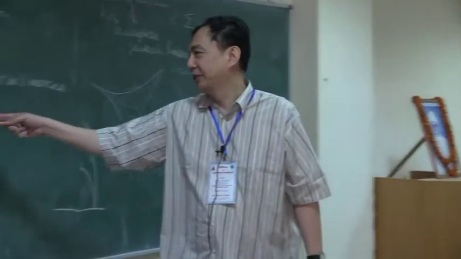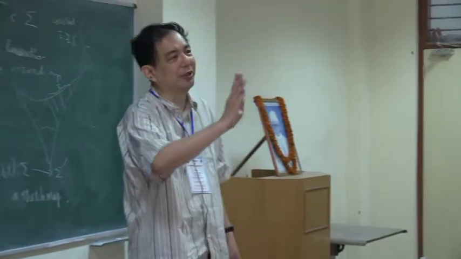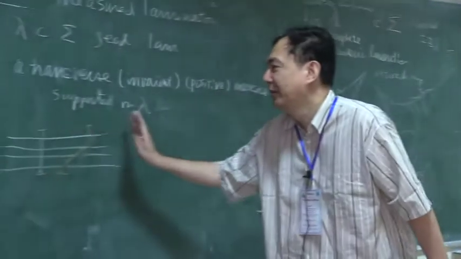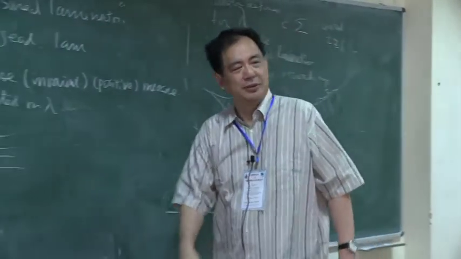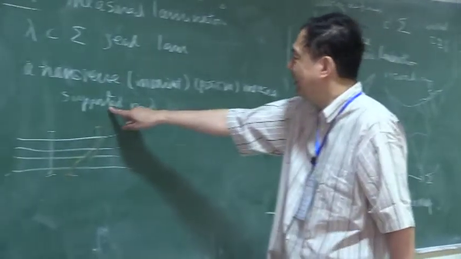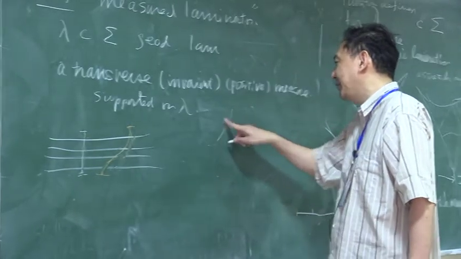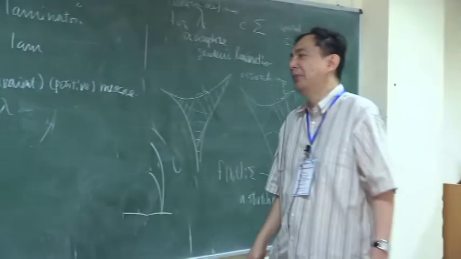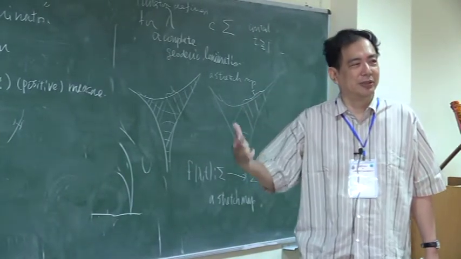That's the invariance of the transverse measure: it is invariant with respect to the parallel translation along the leaves, along lambda. And when I say it's supported on lambda, it means that if some arc intersects lambda, then the value should be positive, not 0.